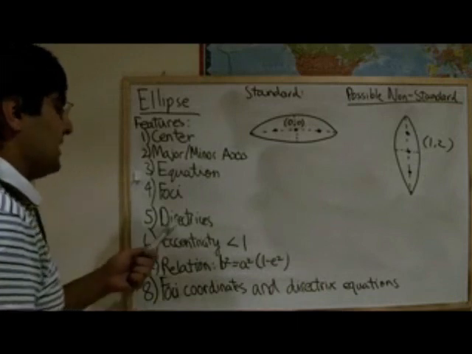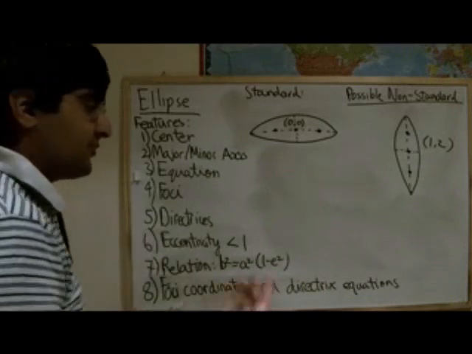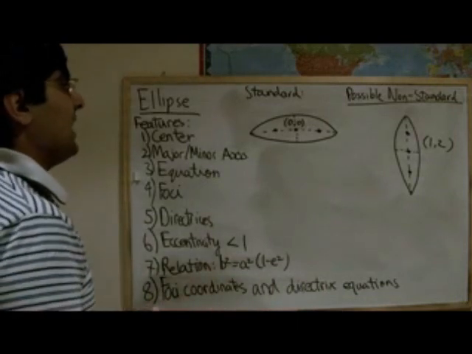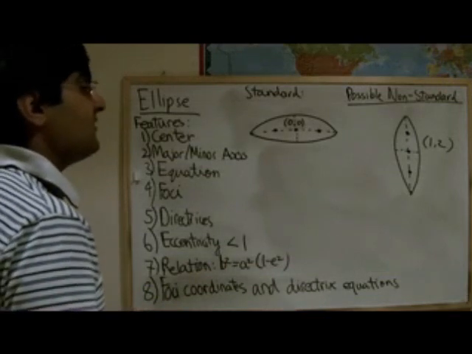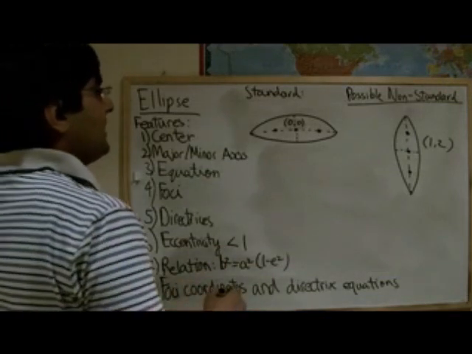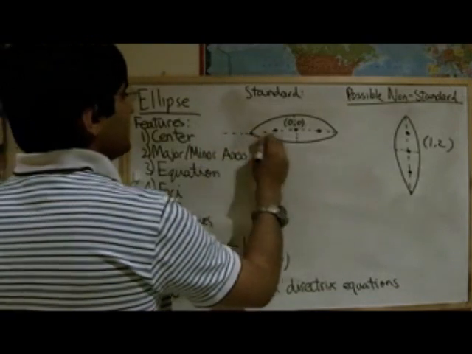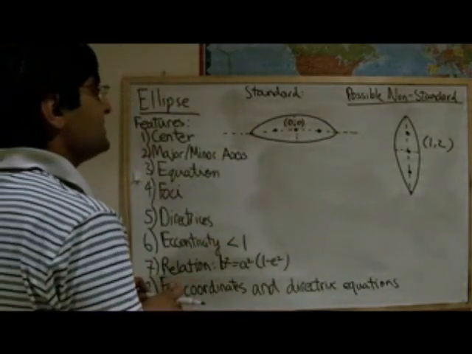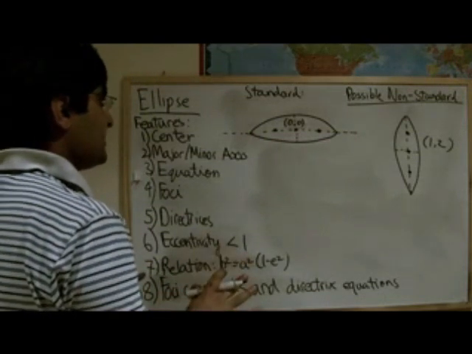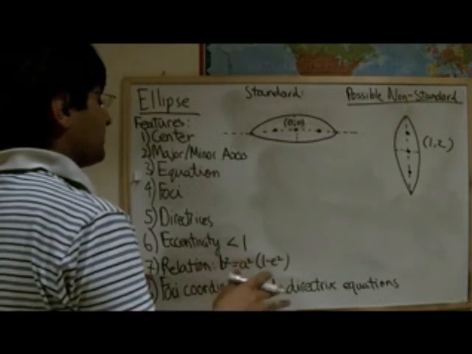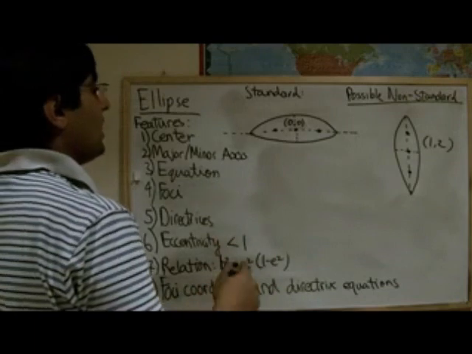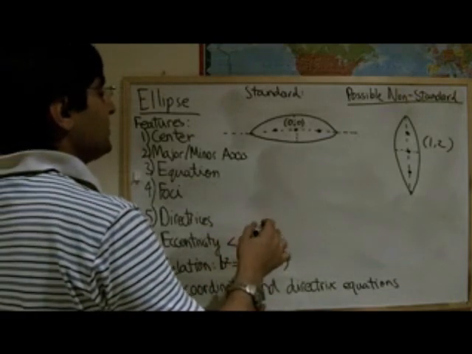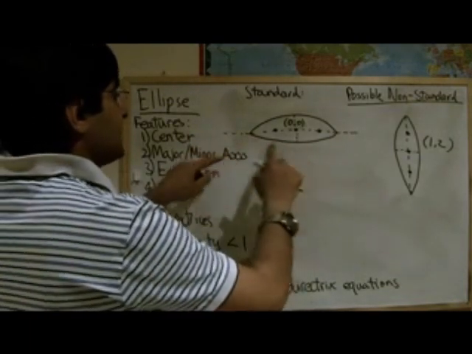Feature number 5, directrices. We talked about directrices when it came to parabolas. Now, ellipses have two directrices. Now, this is where it might get just a little bit confusing. The way I think of directrices is such that the directrices of ellipses would always be perpendicular to the major axis if it were extended.